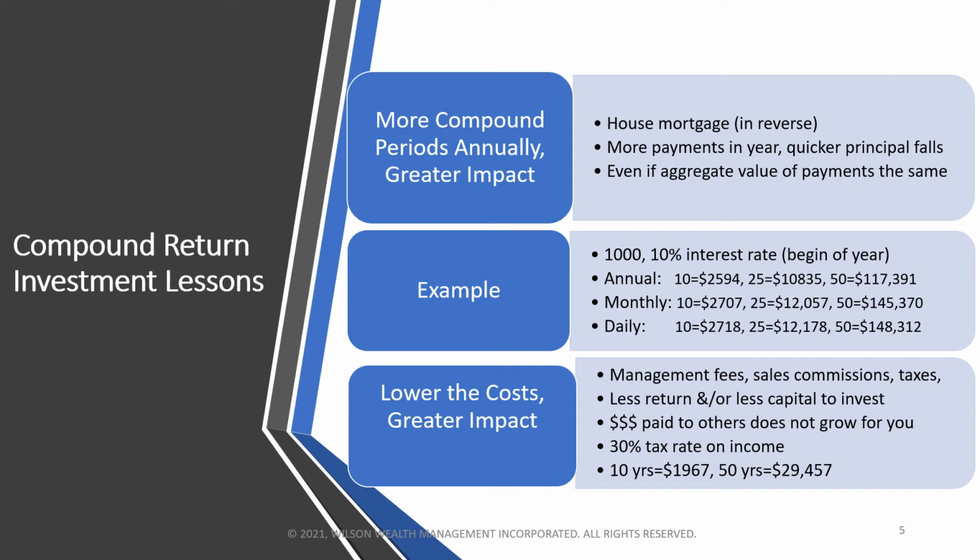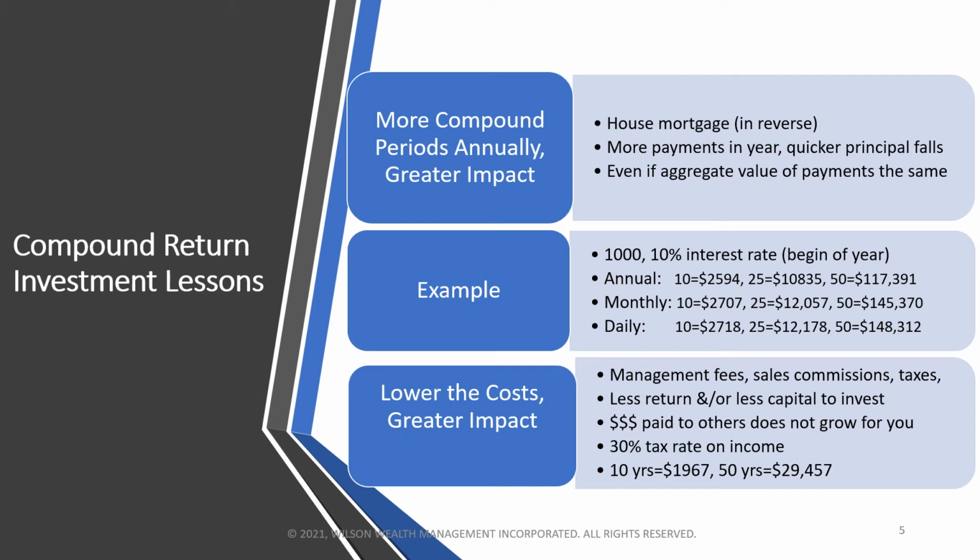And we saw the huge impact over time that relatively small percentage had on growth. The idea is that you want dollars paid out to be focused on the investment itself, not paid to others so that they can grow on their behalf. You want your money working for you, not helping someone else grow their own cash.